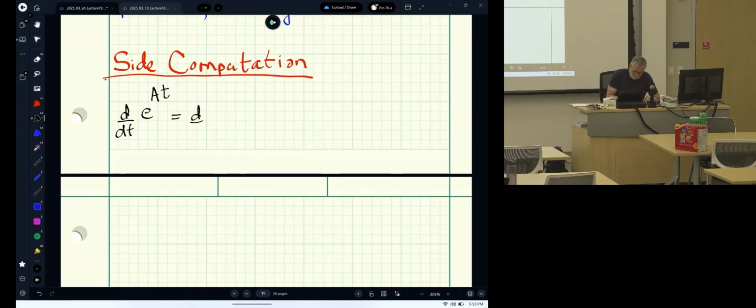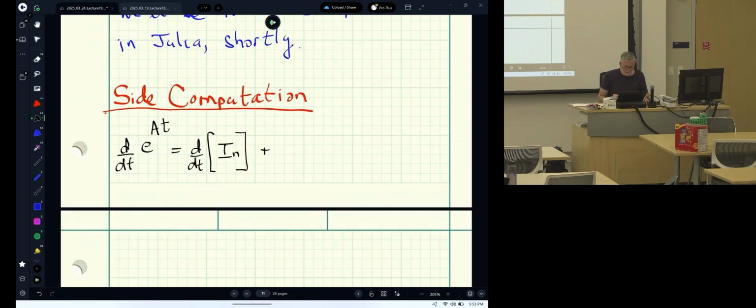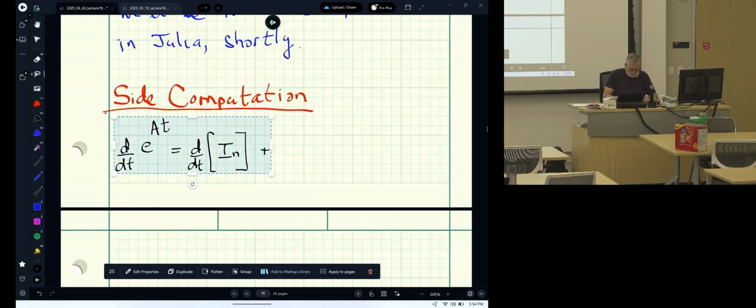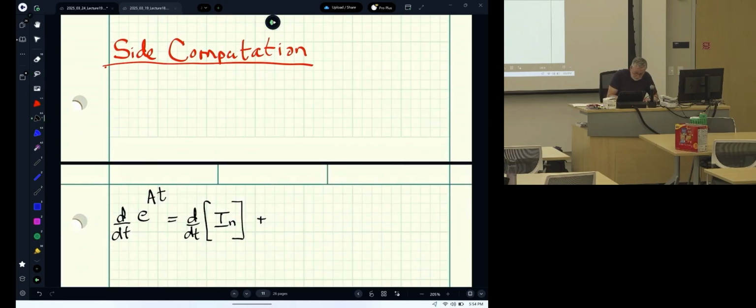So this would be d by dt applied to it. Oh, okay. Let me do something here to help you guys out. So let me move this and put it so it's all in one screen.